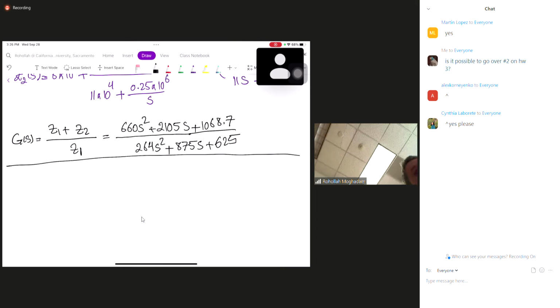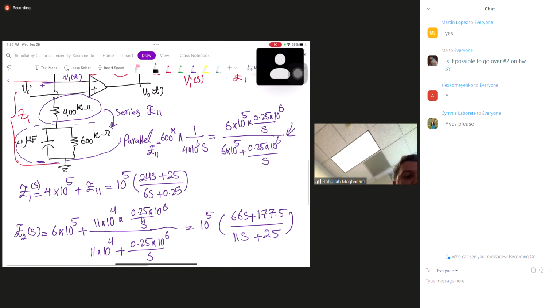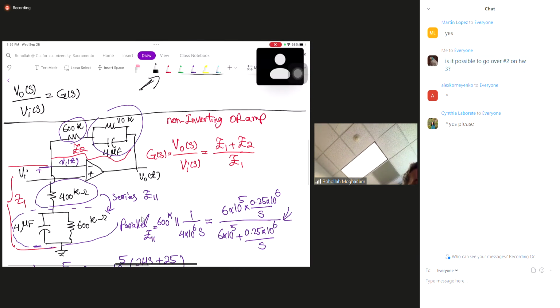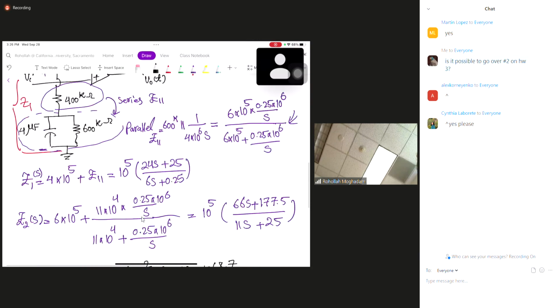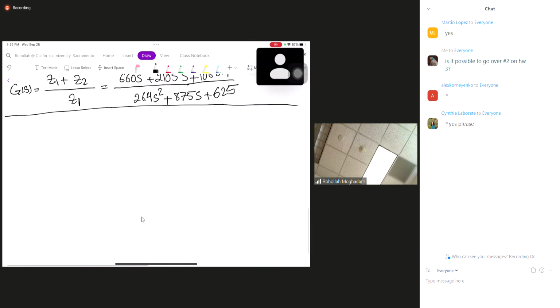Okay, so if you don't have any question, I'm gonna go over the Laplace transform. This was from homework 3 as well. So this is example 1. Consider we have a transfer function.